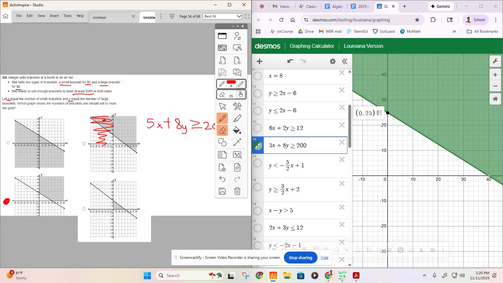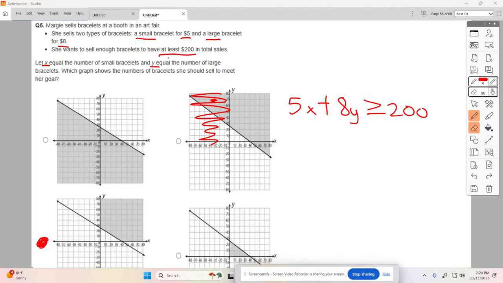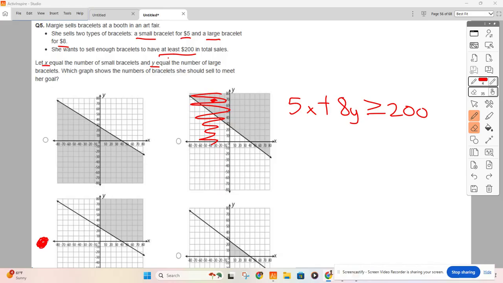Does everybody get why that is? Be careful on that because it is a word problem. You have to make sure that you're showing the actual solutions. So if you think about it, couldn't you just answer this question by thinking about real life situations? Yes, you can. But also keep in mind that each ordered pair is a point.